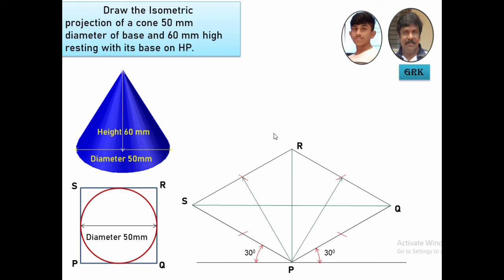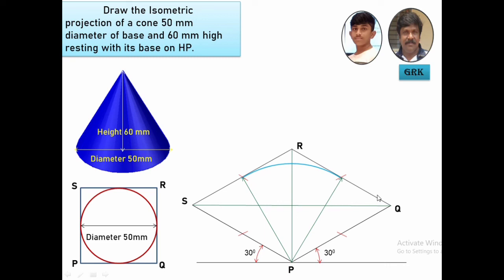You can join these lines. As said earlier, I can name this ABCD, or I can join it to the center of the opposite side. So from P you draw a line to the center of QR. From P you draw a line to the center of RS. Now with this radius, you draw an arc.